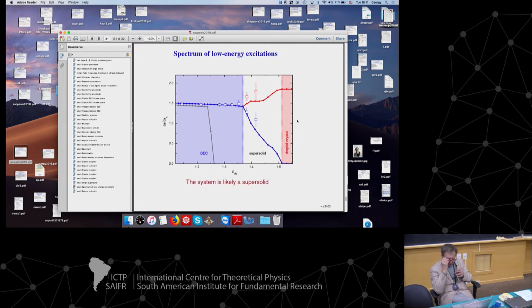With the accuracy of the experiment at the present moment, it's not possible to say whether it occurs when the roton just touches 0 or when it is still a little bit above 0. People have to do precise numerical calculations and then judge whether this is true or not.